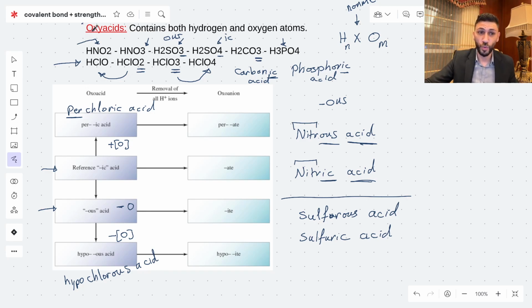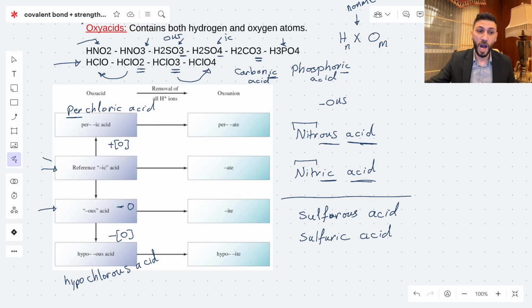So now we have two rules for the oxyacids. The higher oxygen is IC followed by the acid. The lower oxygen is going to be OUS followed by the acid. If we don't have high oxygen and low oxygen, it's going to be IC with the acid, just like the carbonic and the phosphoric acids.